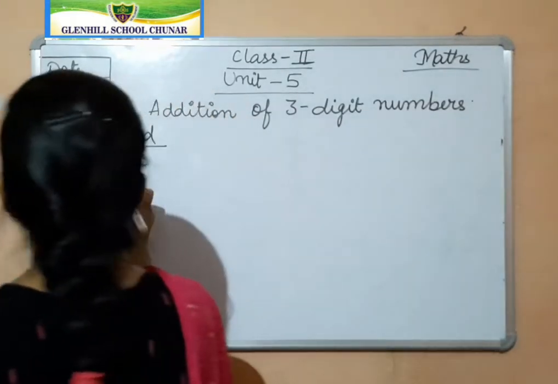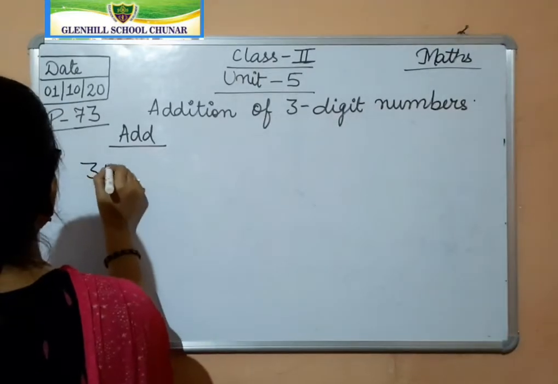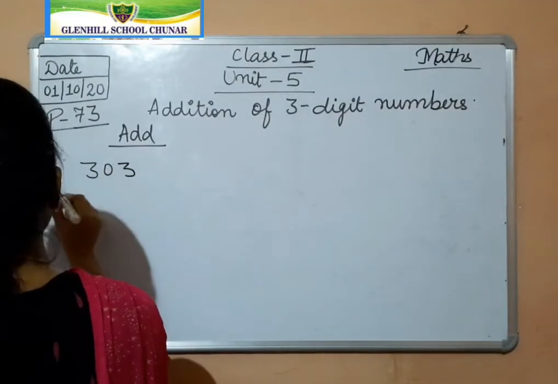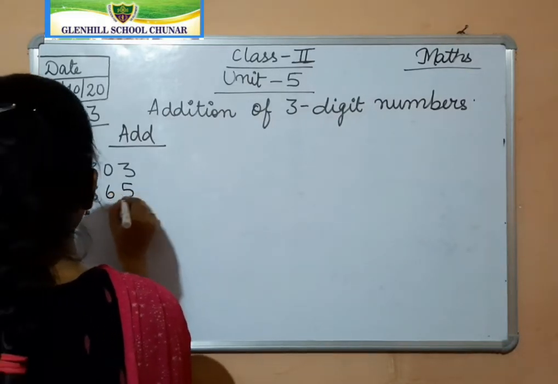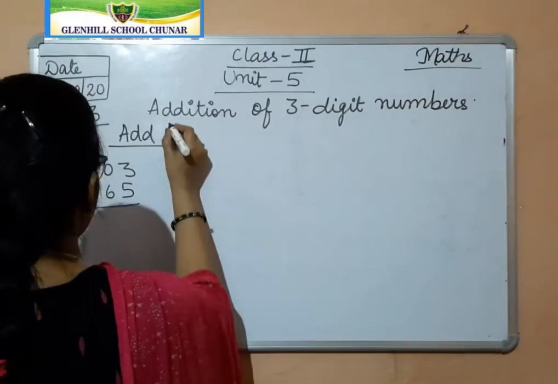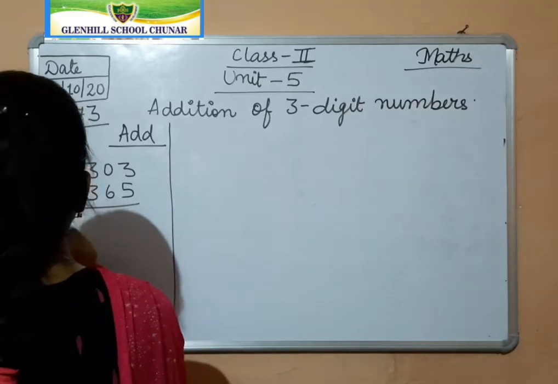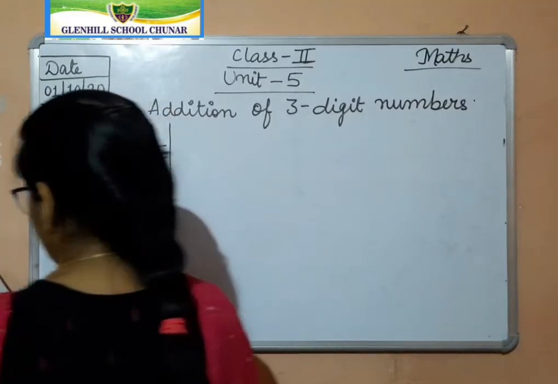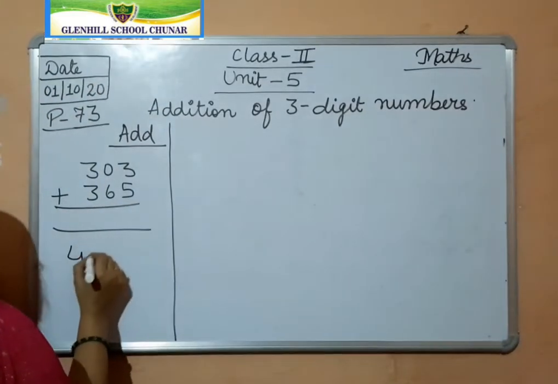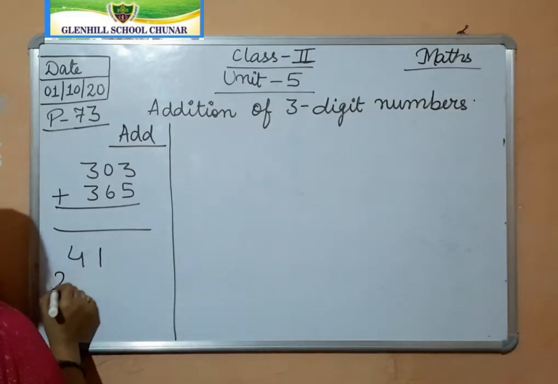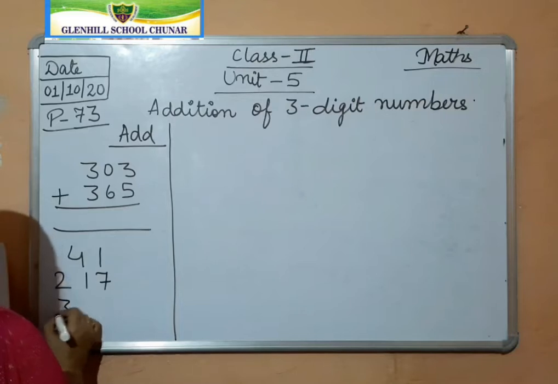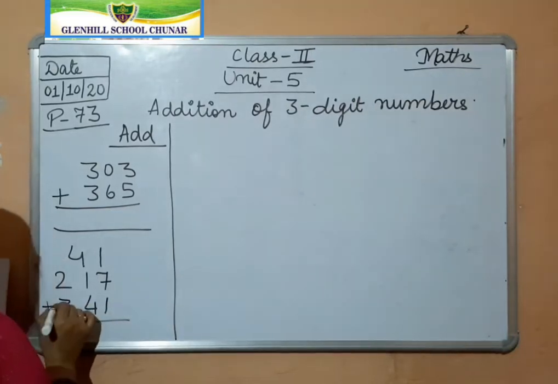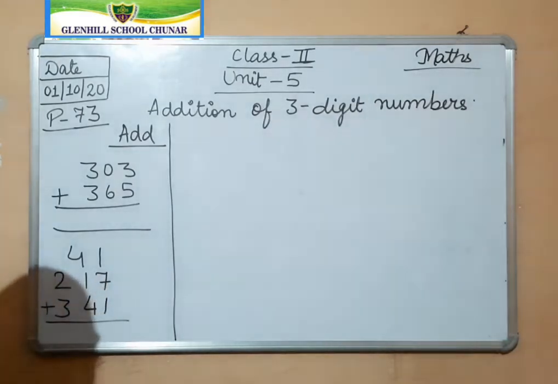Okay, add 303 plus 365. Then 341. Okay, these are 3 numbers.